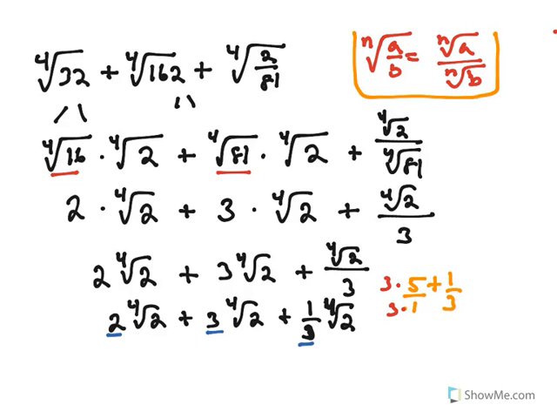All right, and when we do that, that's going to give me 15 over 3 plus 1/3. That's going to give me 16 over 3. So when I add all the coefficients, I'm going to get 16 over 3 times the fourth root of 2. And that would actually be the final answer.